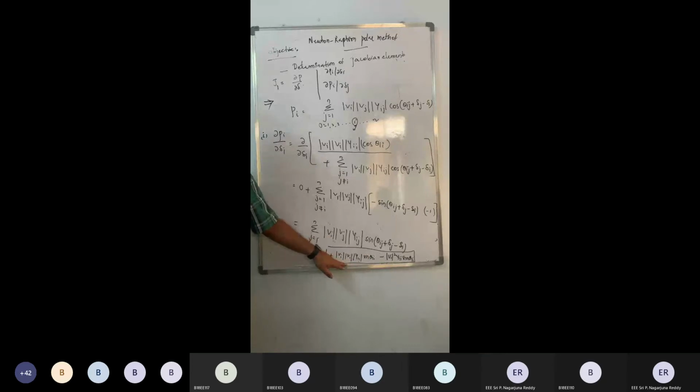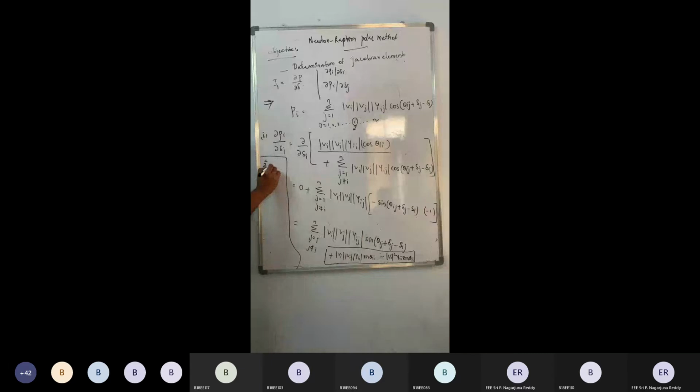If I add this term, now carefully see here, this entire term will become sigma j is equal to 1 to n, because I have removed i now. So I am adding again i and removing the same term.